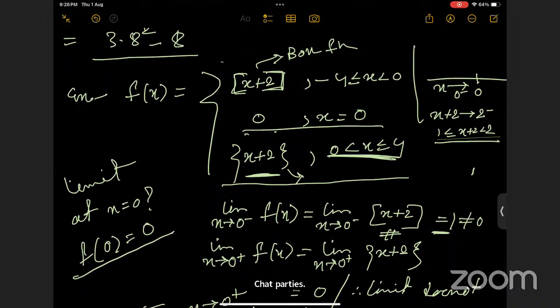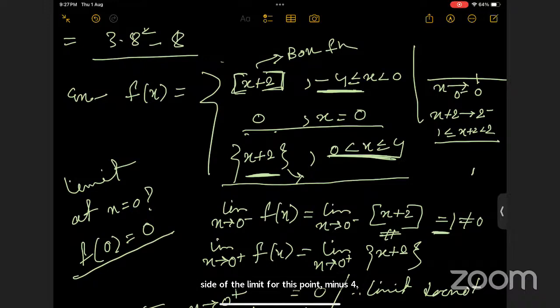No. Because we have this thing. We know that the step function is not continuous, or the limit doesn't exist, because the left hand limit and right hand limit are not equal in general, right? But here we have to consider only one side of the limit for this point, -4.